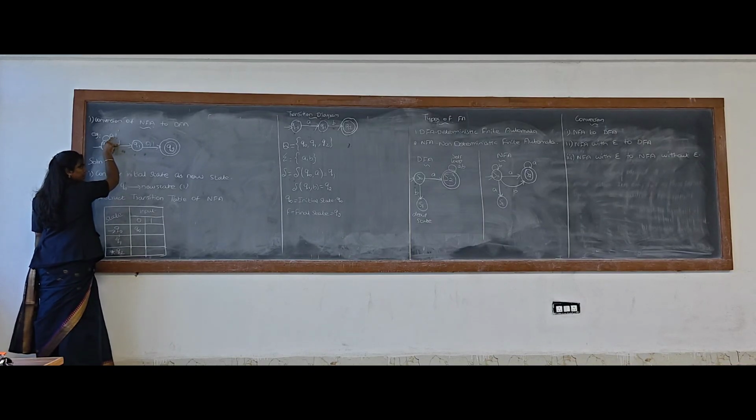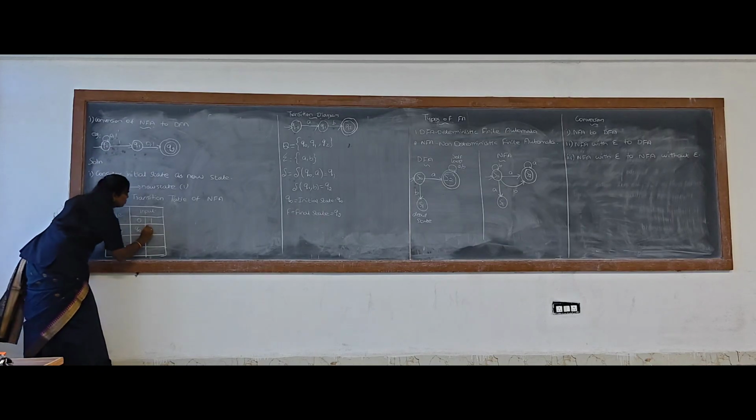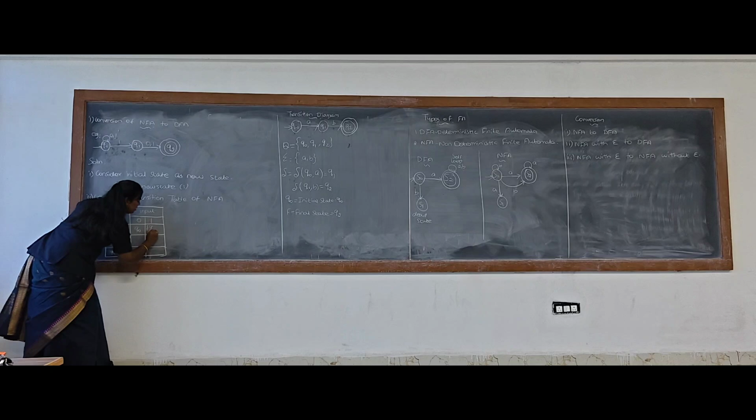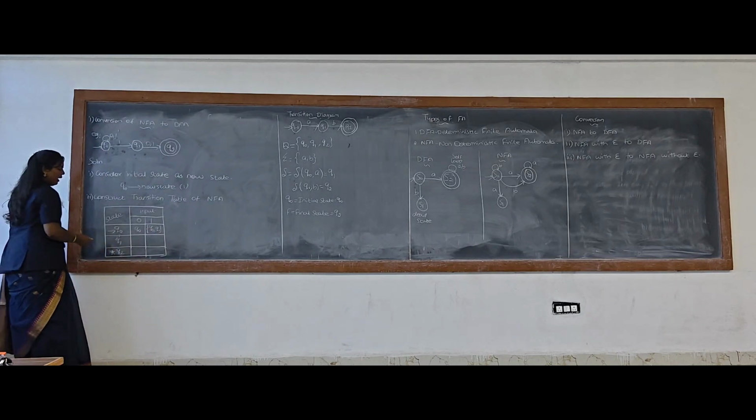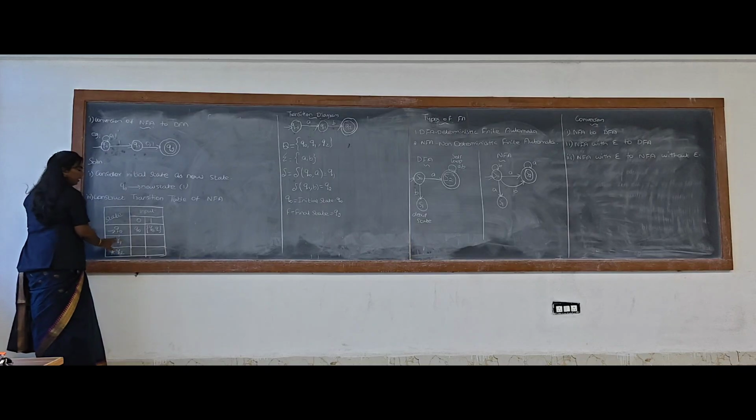Reading the input 1, it moves to two states: one is Q0 and another one is Q1. So we mark this as Q0, Q1. The same thing we will follow for the rest of the states.